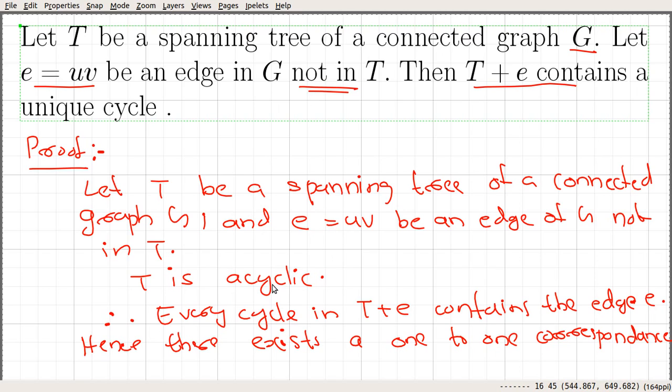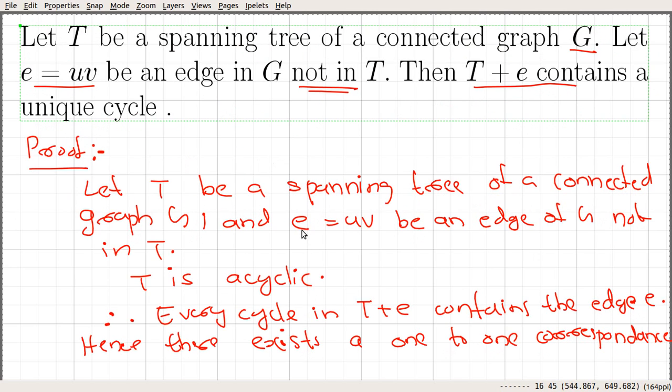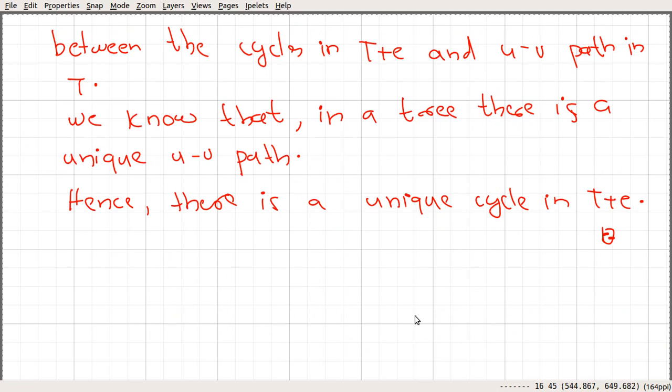We know that T is acyclic, so once you add this edge, the graph will become cyclic, and every cycle in T plus E contains the edge E. There exists a one-to-one correspondence between the cycles in T plus E and the UV path in T, because E is the edge connecting U and V. Since we are dealing with a tree, there is a unique path between two vertices in any tree.